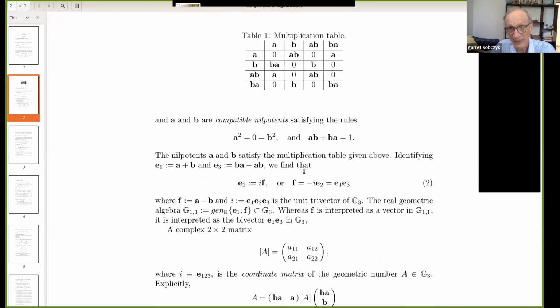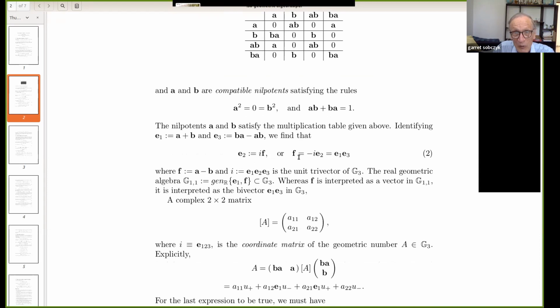Also note here, whereas F is a vector in the geometric algebra G11, it is represented in the algebra G3 by the bivector E1 times E3. So you can see that G11 is contained in the geometric algebra G3, but it's represented by the bivector E1 times E3, which is, well, that's a little bit strange.